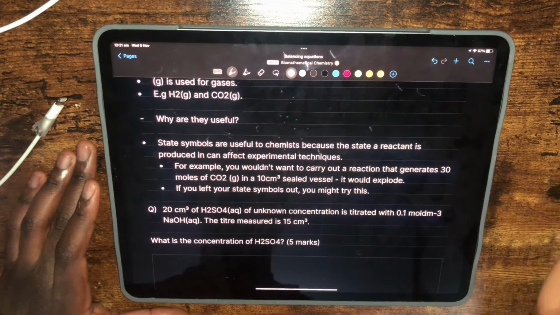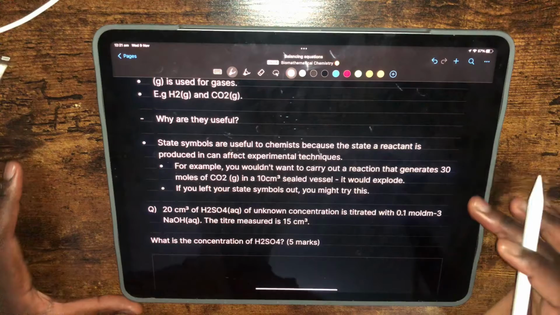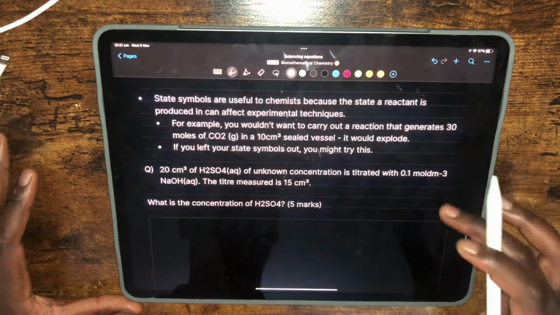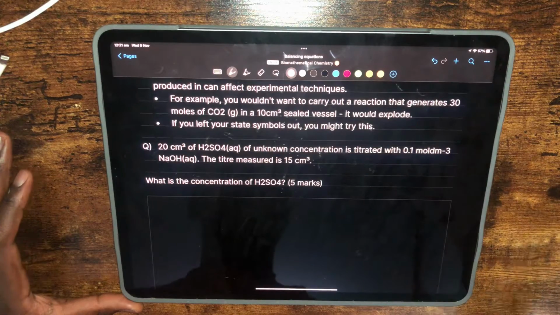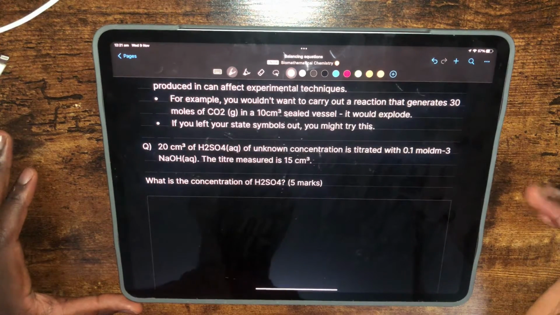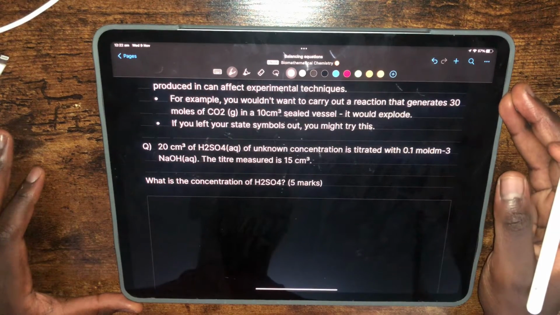So understanding state symbols is important for experimental reasons. I know these things don't sound relevant to your exam, but you might get a question that asks why it's important that you know the states of the products of this reaction.